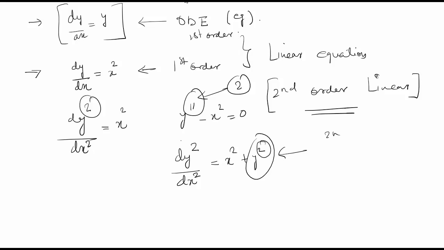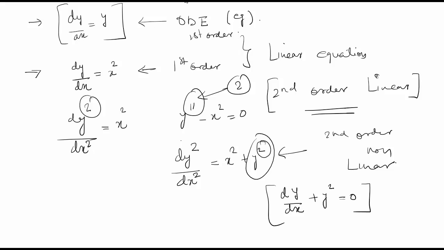So this is a second order non-linear differential equation. And again, if I am having an equation like dy by dx plus y square equal to 0, this is a first order non-linear equation.